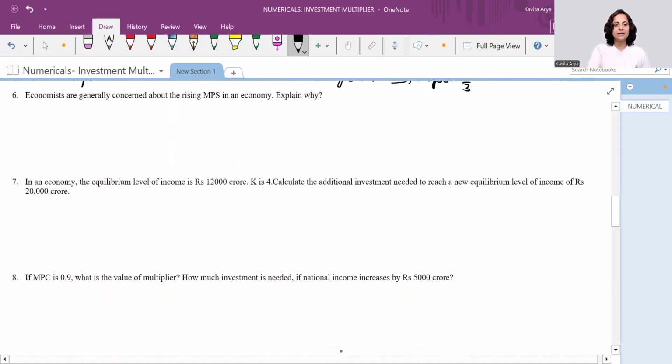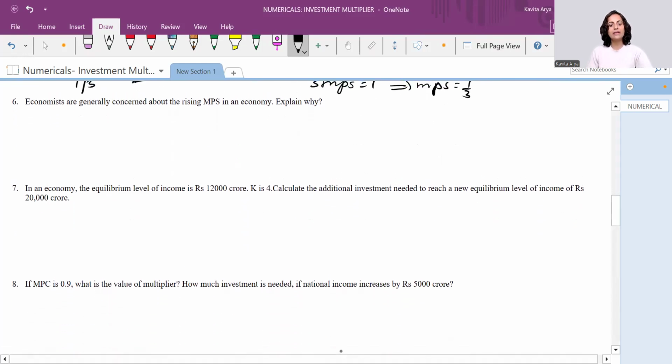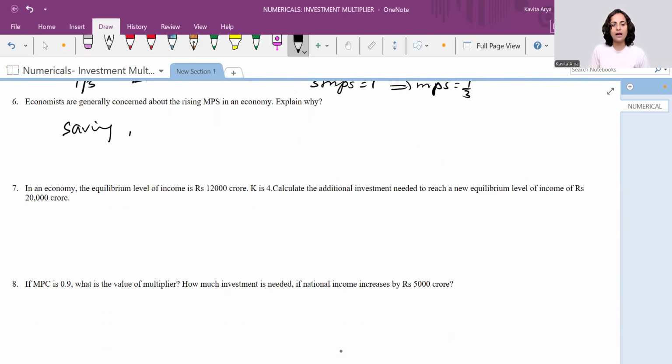Moving ahead, economists are generally concerned about the rising MPS in the economy. Explain why. When we talk about rising MPS, it means savings are higher. If savings are higher, then consumption is lower. If consumption is lower, then expenditure is lower. If expenditure is lower, aggregate demand is down.